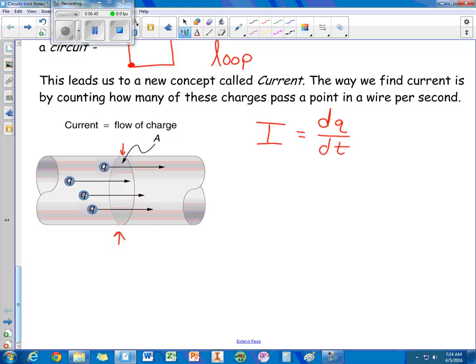So it is the derivative of charge with respect to time. So the way we will interpret that is the change in electrical charge over time. This is not a vector, though a current does typically have a direction of sorts.